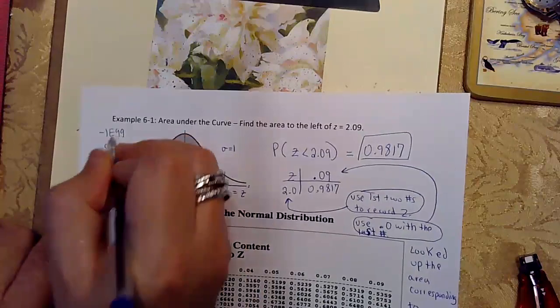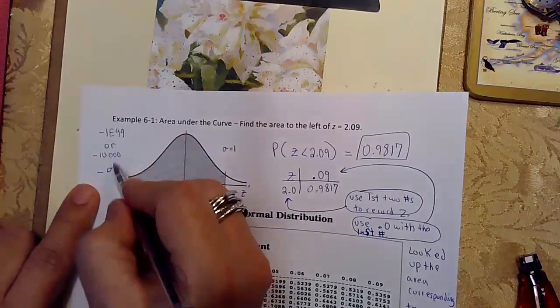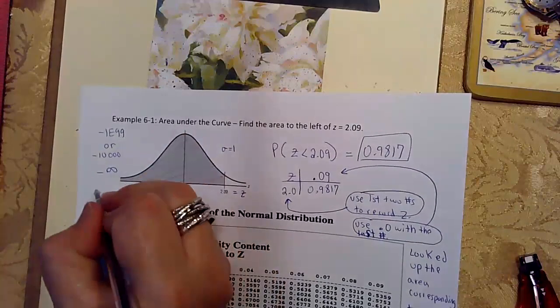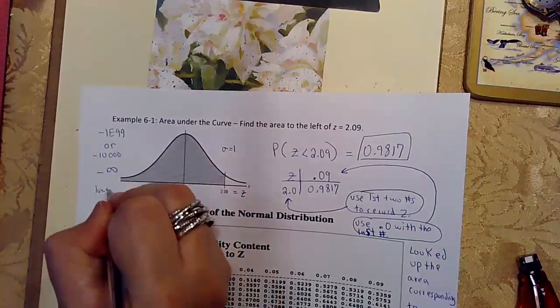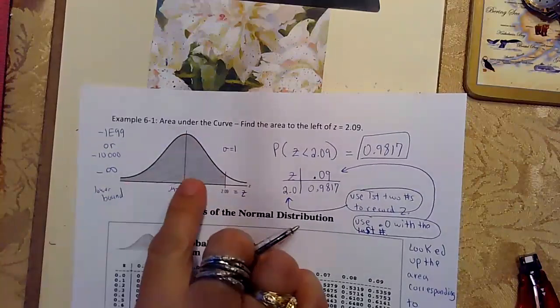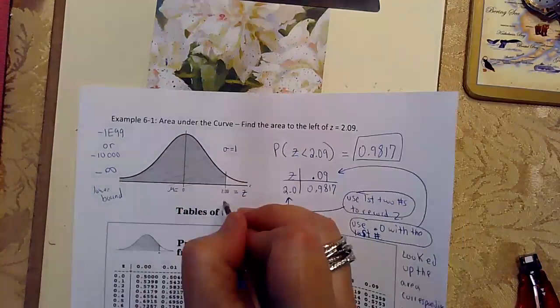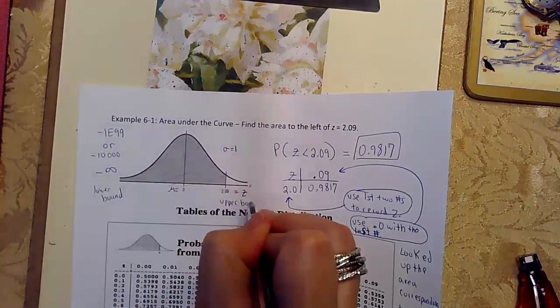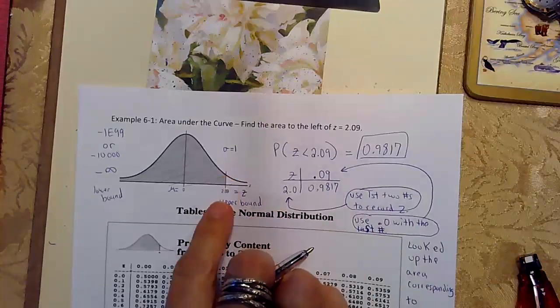So you have a choice, but that's what you use to reflect negative infinity. And this is your lower bound. You read graphs from left to right, and then you stop right here, and this is your upper bound.